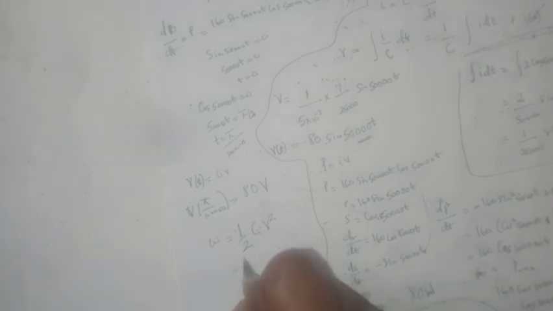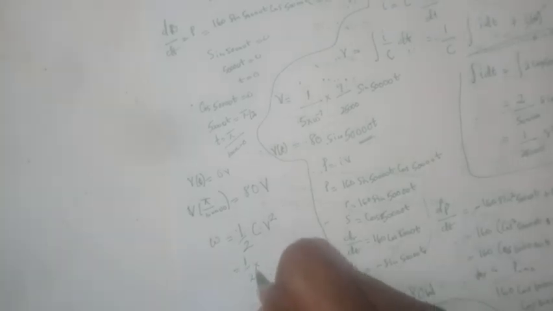So we can just go on and say that W is equal to half C v squared, and in this case that would be half multiplied by 5 times 10 raised to the power minus 6 multiplied by 80 squared, and that would be equal to 1.6 millijoules. Yeah, and this is the maximum energy that can be stored in the capacitor at any point in time.